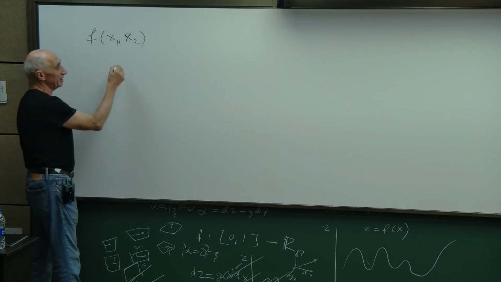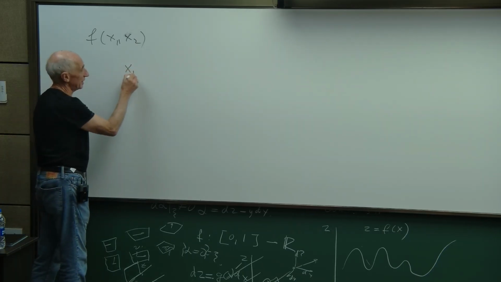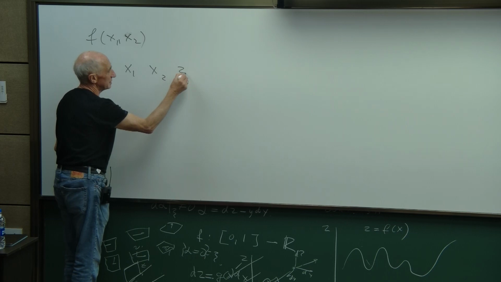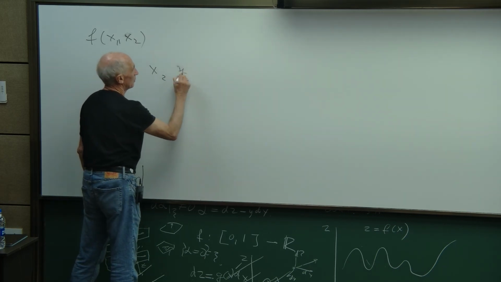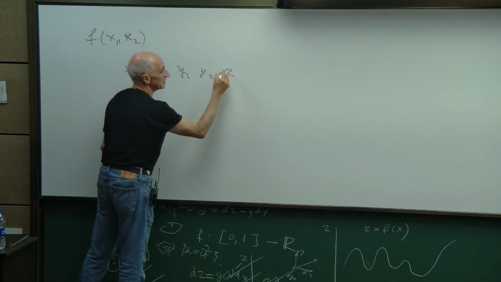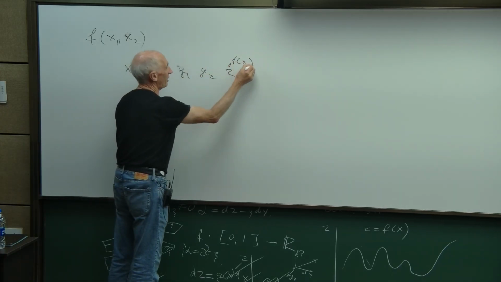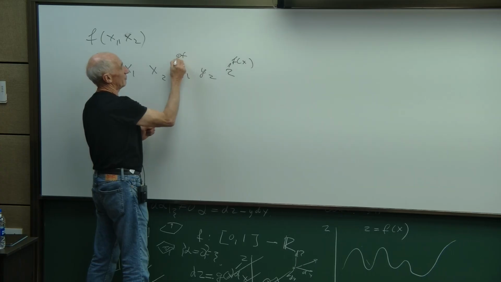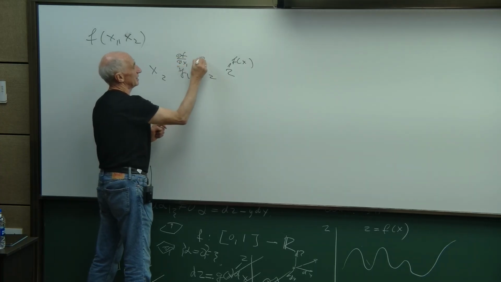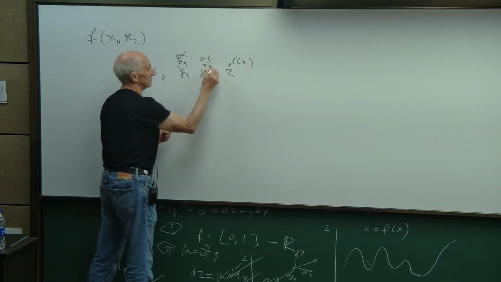So now I need 5 coordinates. I have coordinates x1, x2, y1, y2, z. z is the placeholder for the function, y1 is for its first partial derivative, and y2 is for the second partial derivative.